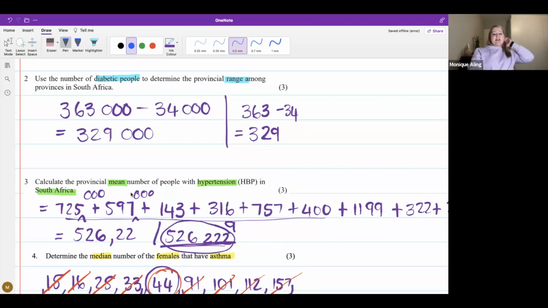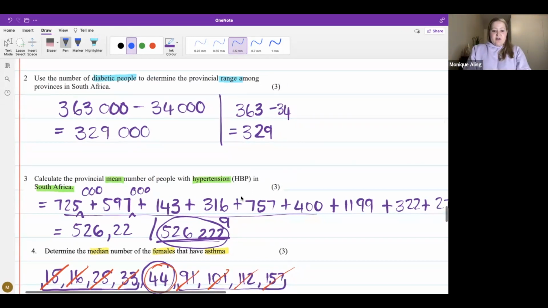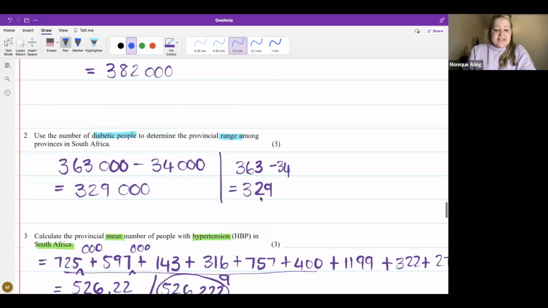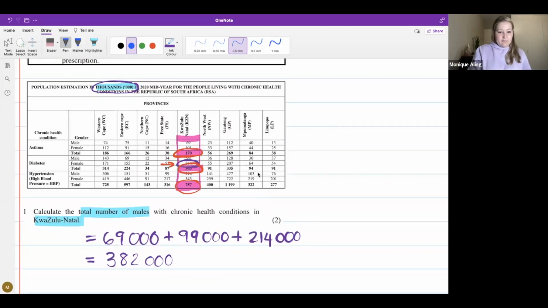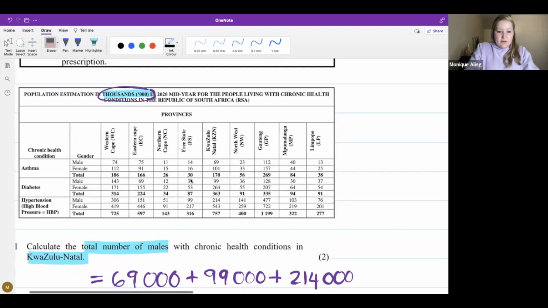Okay, so calculate the provincial mean number of people with hypertension in South Africa. So we were looking at hypertension specifically. Let me get my highlighter quickly.